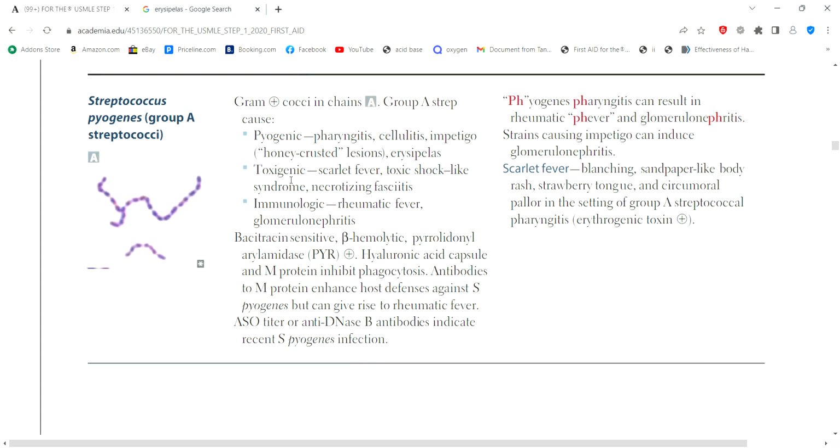That is the association between strep pyogenes and rheumatic fever and glomerulonephritis.